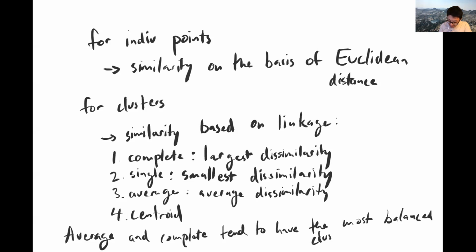And by balanced, I mean that as I sort of walk down the tree, the size of the clusters are balanced or they're similar to each other. Whereas in single, as you move up the tree, everything goes into like one cluster or fewer clusters that are pretty disparate in the number of points within each cluster.